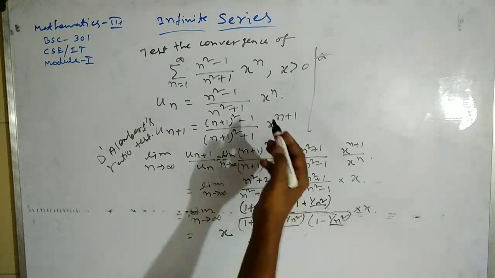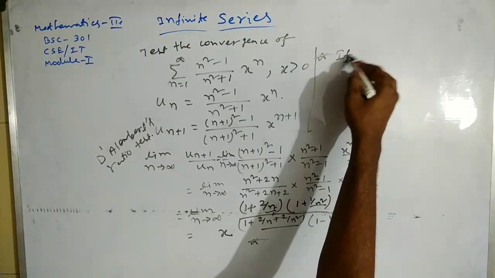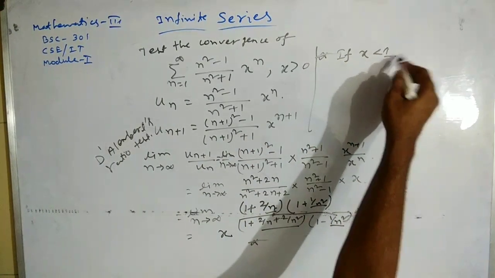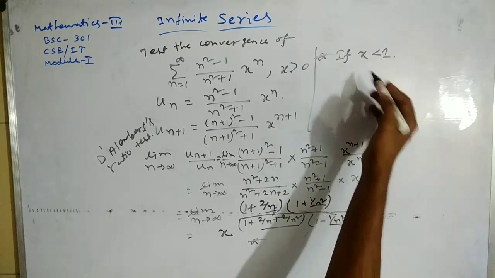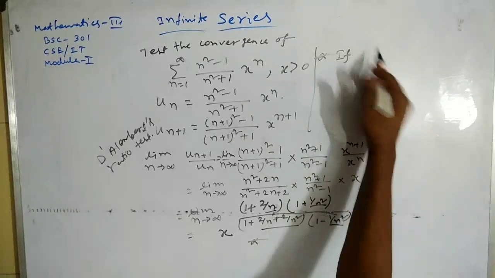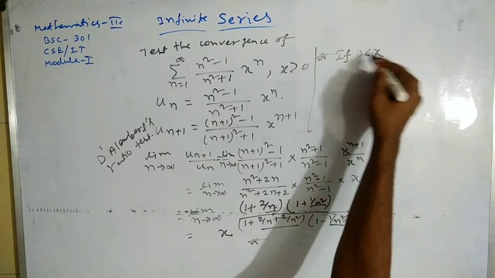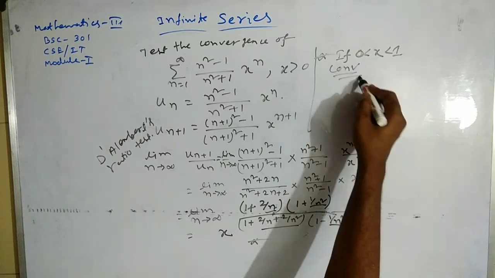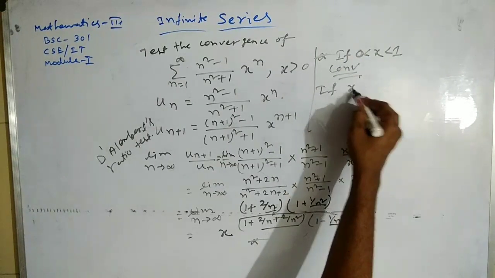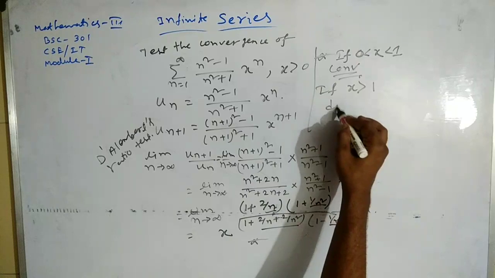So if x is less than 1, here it is given that x is greater than 0, so combining these two we can write that if 0 < x < 1, then the series converges, and if x is greater than 1, then the series diverges.